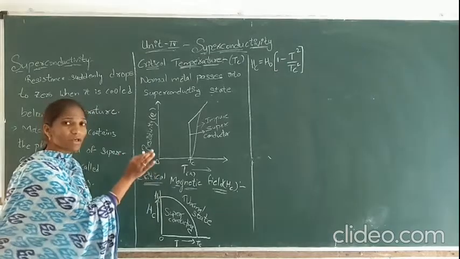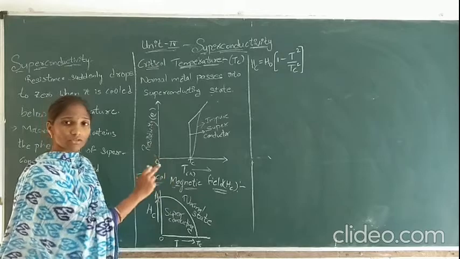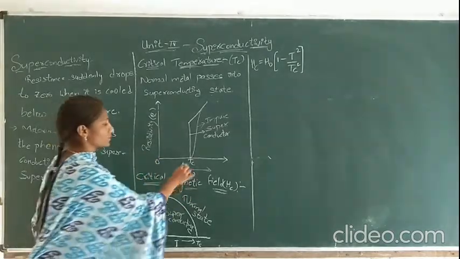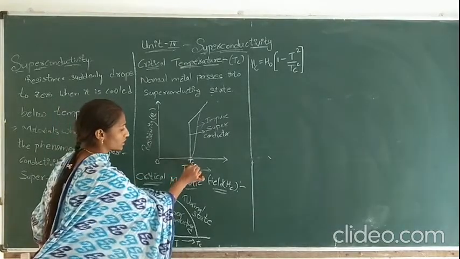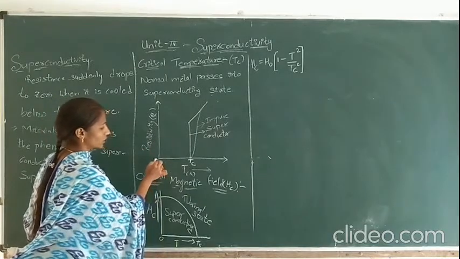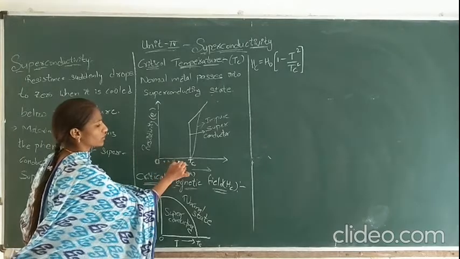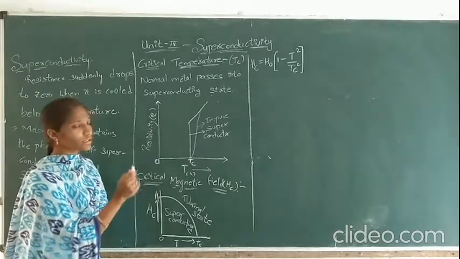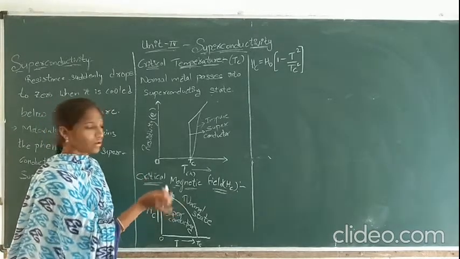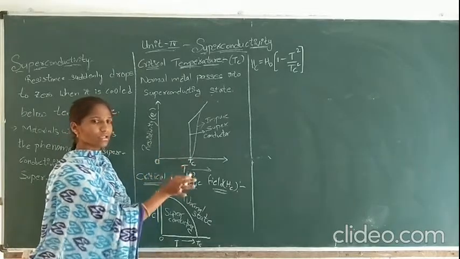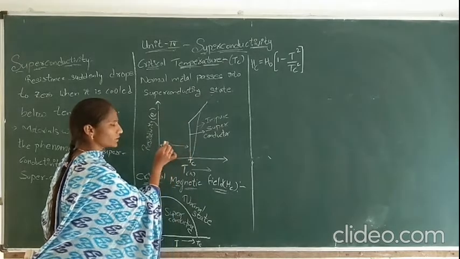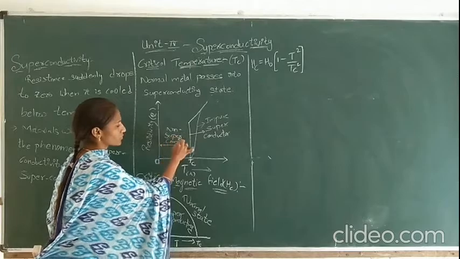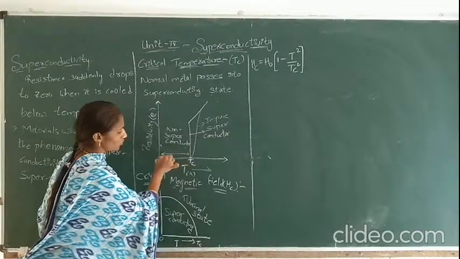When the normal metal transforms into a superconducting material, that particular temperature is known as the critical temperature, represented by the letter Tc. Up to a certain point it behaves as a normal metal, a non-superconducting material.